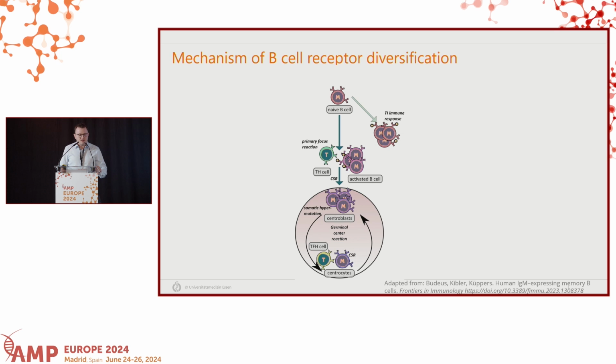And these pathways include, first of all, clonal expansion, which is basically just proliferation, but also somatic hypermutation and class switch recombination. These two processes occur during immune responses in the germinal center and lead to additional point mutations in the B cell receptor gene, as well as exchange of the constant region from IgM, for example, to IgG or IgA.